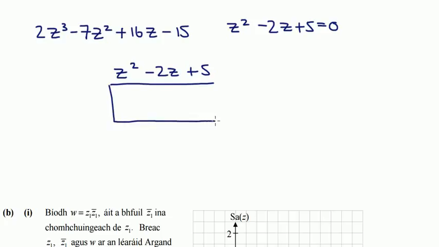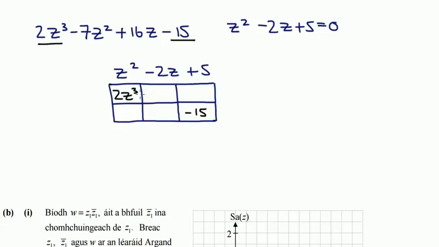Because I have a cubic, I'm going to draw a box which is 3 boxes across and 2 down. I put in the first term of the cubic equation, 2z cubed. I put in the last term, minus 15. So this will help me to find the other factor.